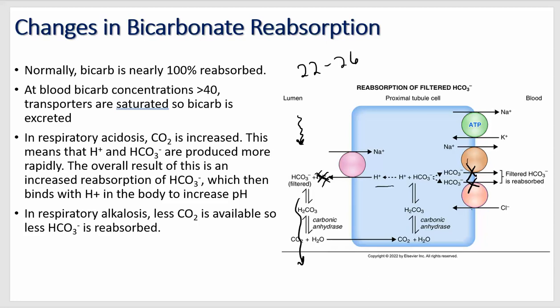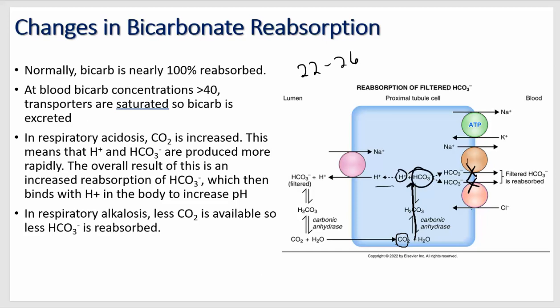Okay. So in respiratory acidosis, carbon dioxide is increased, which means that hydrogen and bicarb are produced more rapidly. What does that mean? If we look at our equation, if we have increased carbon dioxide, we have plenty of water, so we push our equation in this direction, and we have more production of hydrogen and bicarbonate.